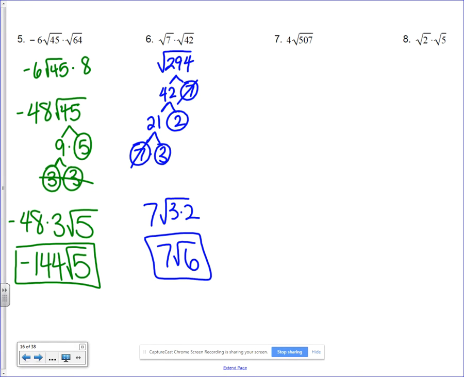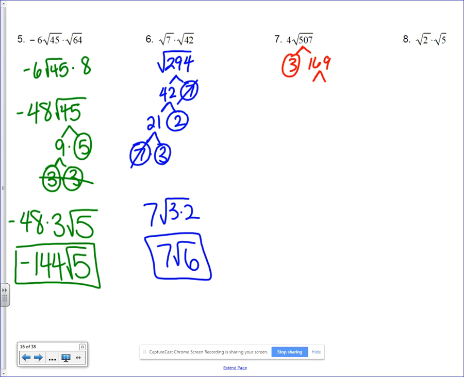Doing okay? All right. Number 7's not a multiplication problem. I just didn't want you to forget how to just straight up simplify. Is 507 a perfect square? Okay, it is not. So let's break it down. How about 169?